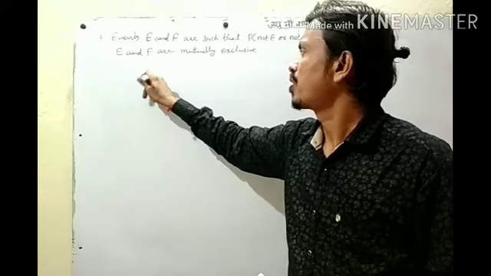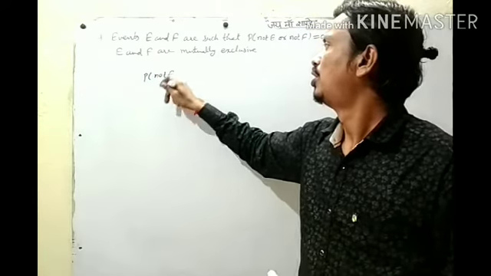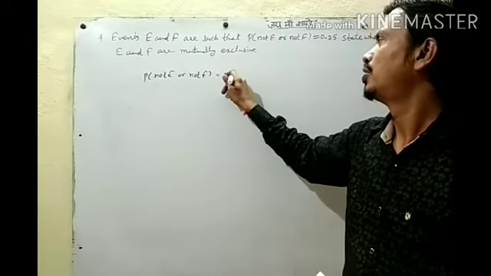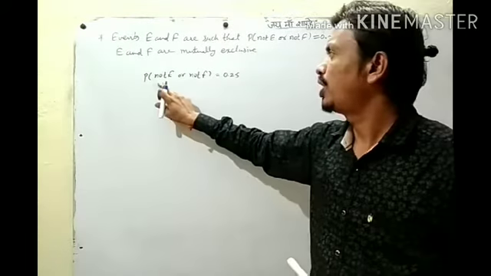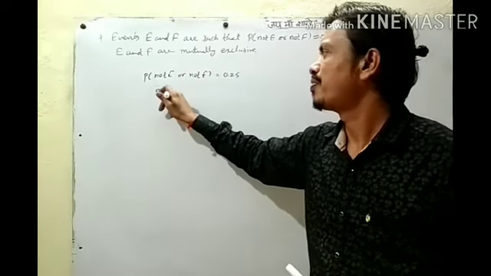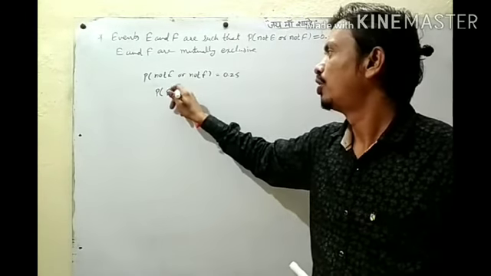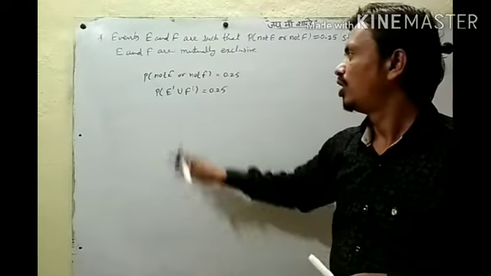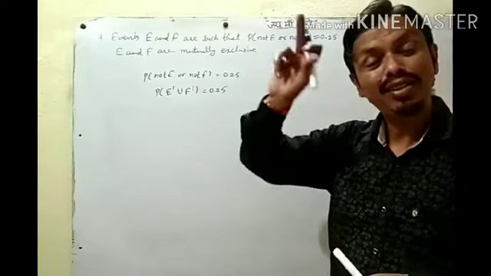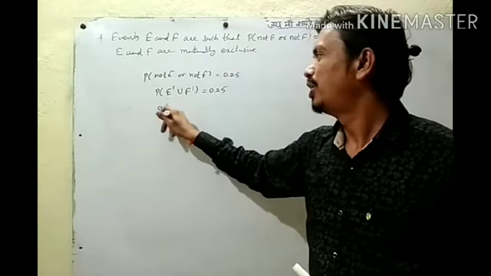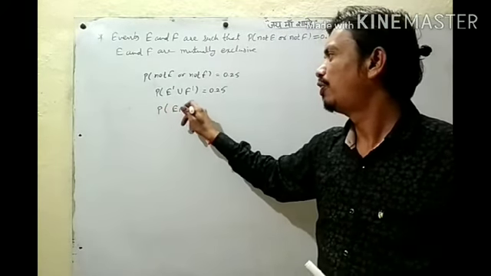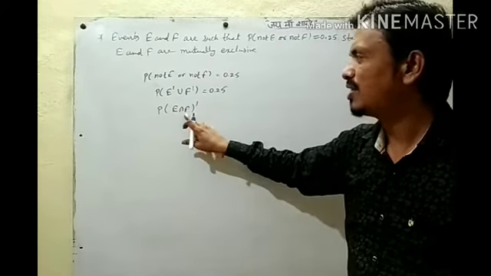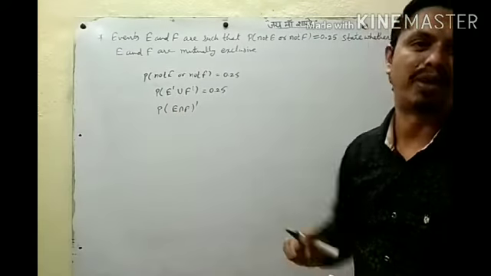So what do we have? P of not E or not F is 0.25. Now P of not E or not F can be written P of E dash or, means union, F dash. Now E dash union F dash, by again De Morgan's law, it can be complement of E and F. Complement of intersection of two sets is union of their complements.